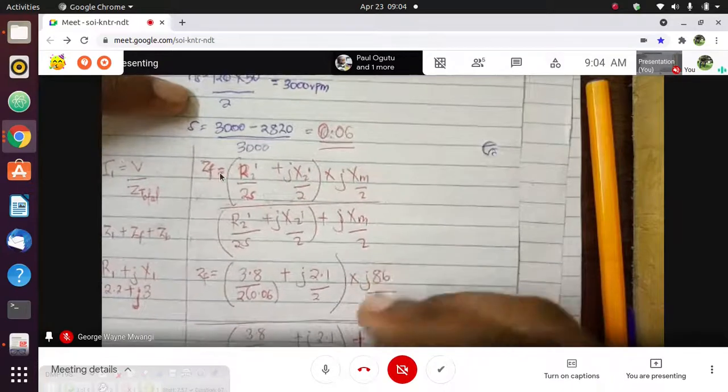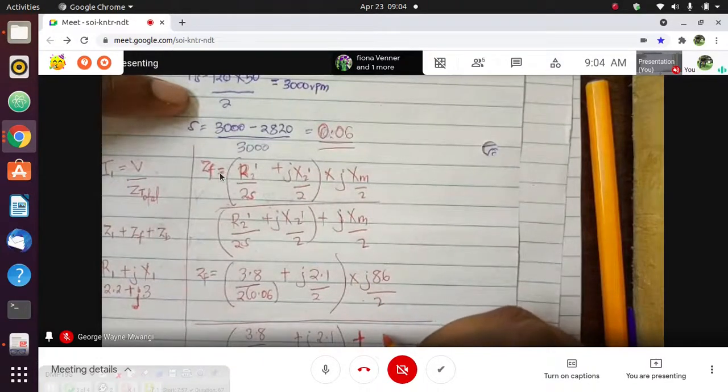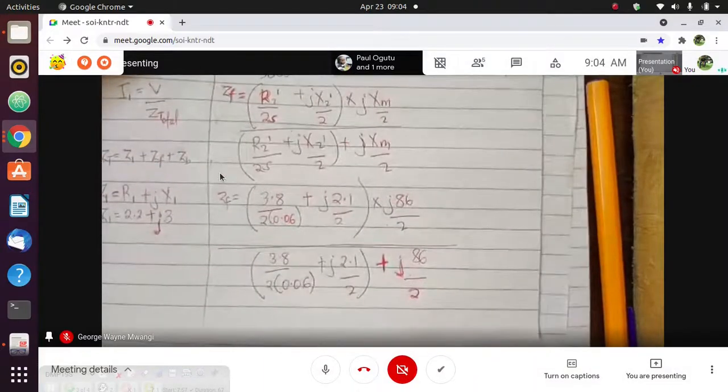We are finding the total impedance in that rotor circuit due to the forward field. Are you together?